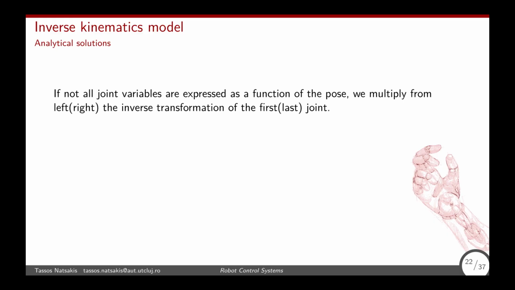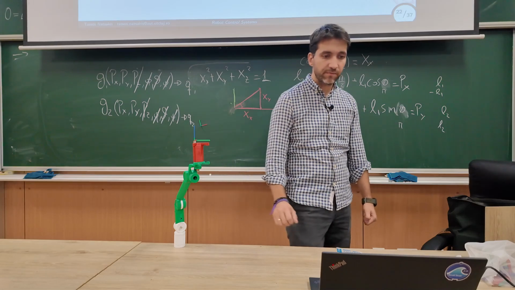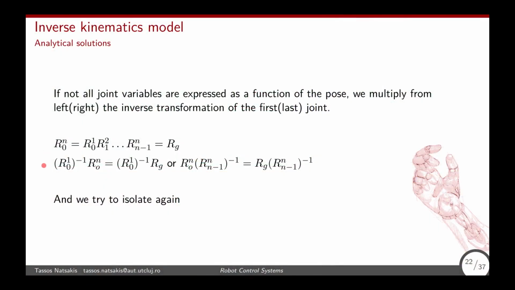If that doesn't work, another trick we're using is that we take again this equation of the forward kinematics with the general homogeneous transformation matrix, which is basically multiplications of the subsequent joint transformations, right? And we either multiply from the left with the inverse of the first transformation, both the forward kinematics and the general homogeneous transformation matrix, and we try to isolate again.